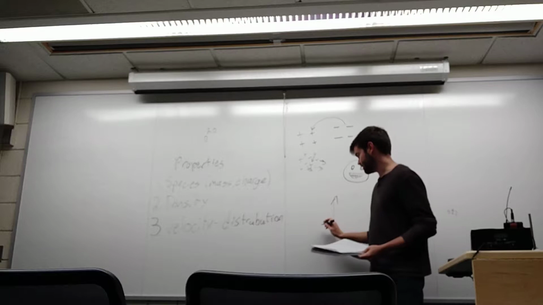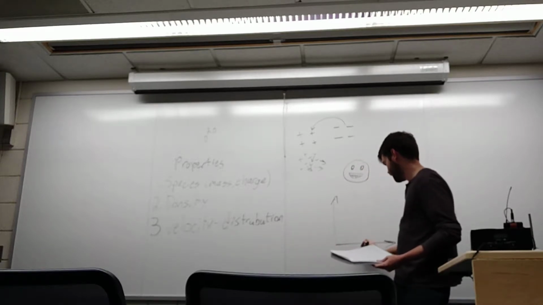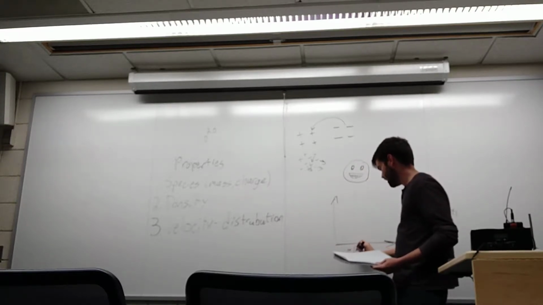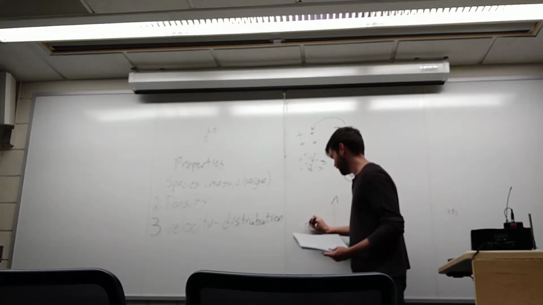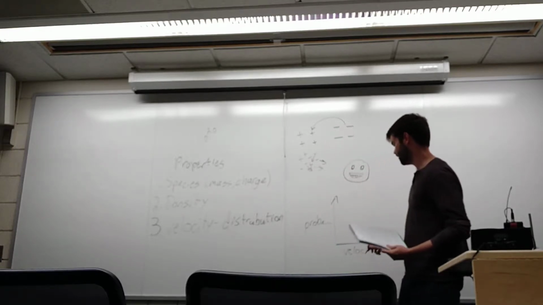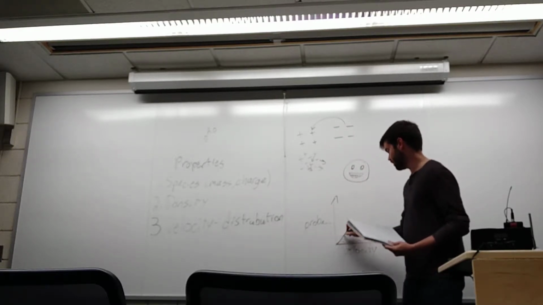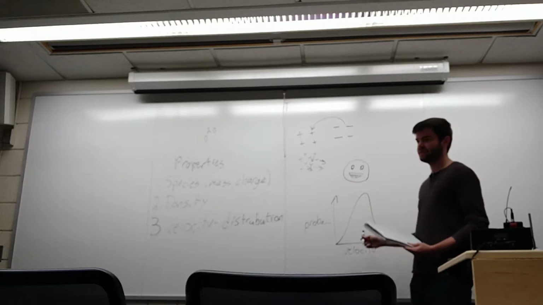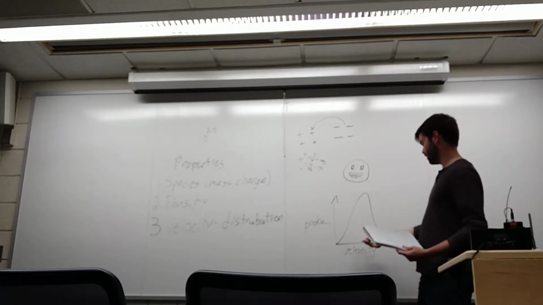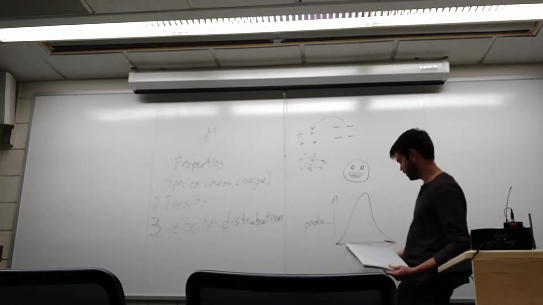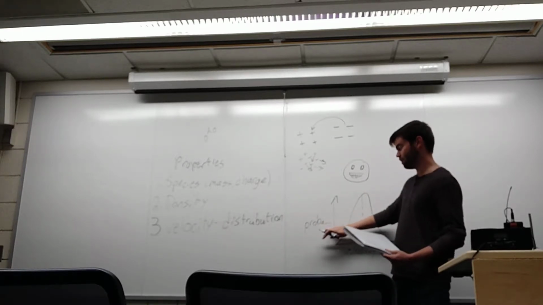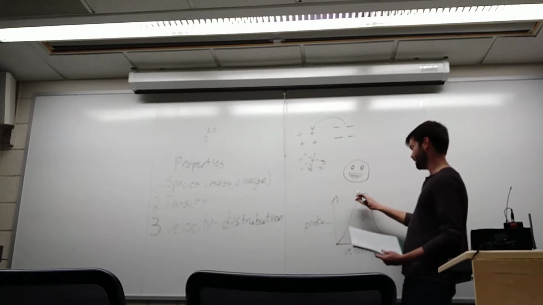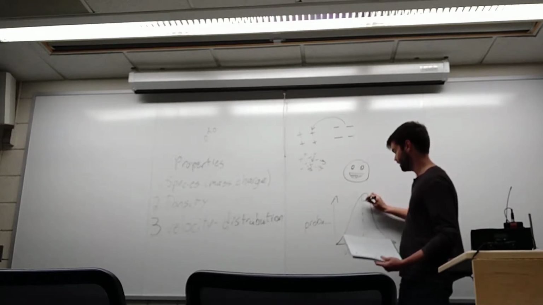Basically, you have a certain velocity, and a certain probability that a particle has that velocity, and there's some curve that looks like that, for example, where if you know how many particles have this velocity right here, you can calculate the probability that they have that velocity if you have a distribution.